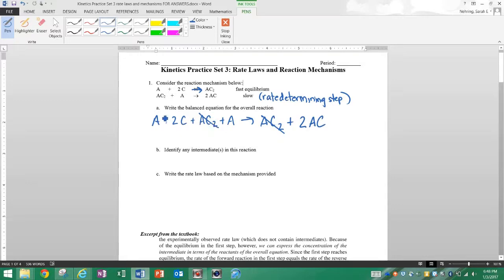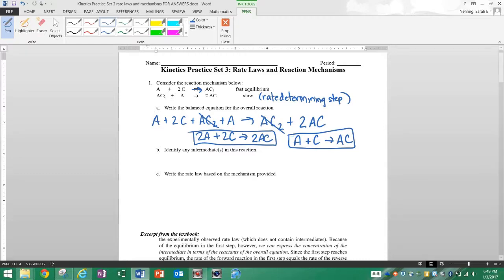And I'm going to notice too that there are 2 A's, so I'm going to rewrite that as 2A, and then 2C makes 2AC. So this is a balanced reaction, and since the coefficients are all 2's, you can actually simplify it further into A plus C makes AC. Okay, so this would be my balanced overall reaction.